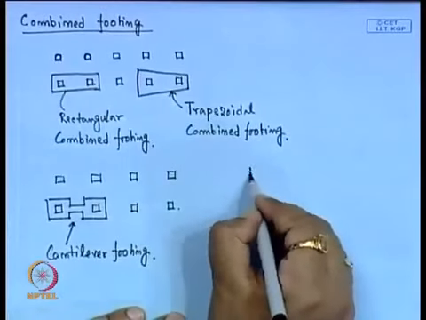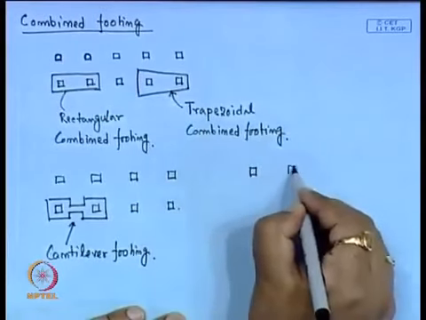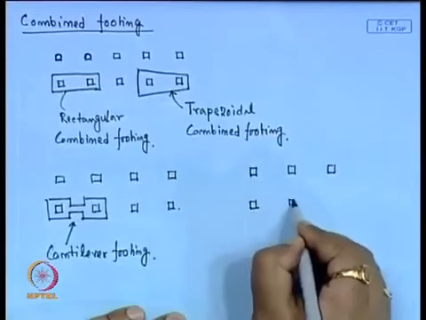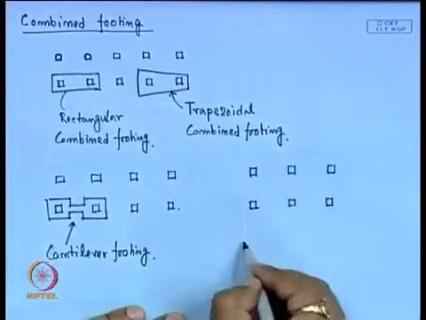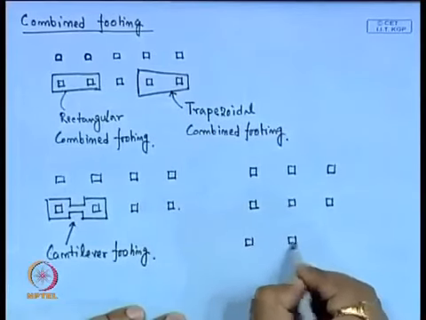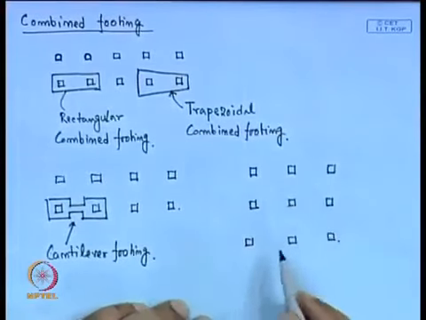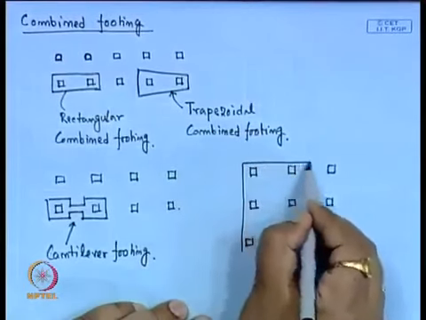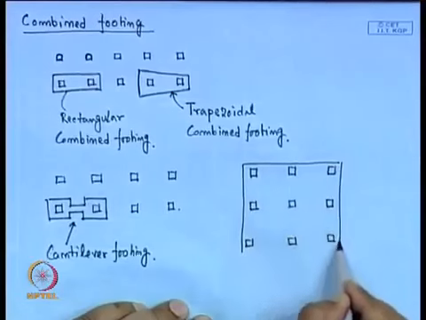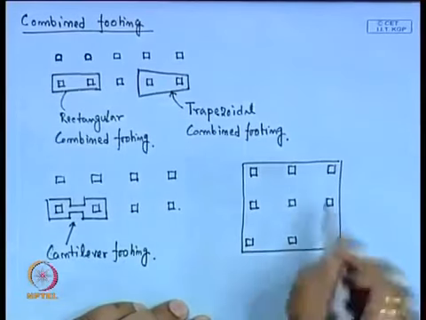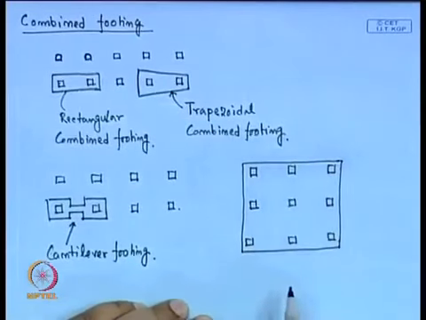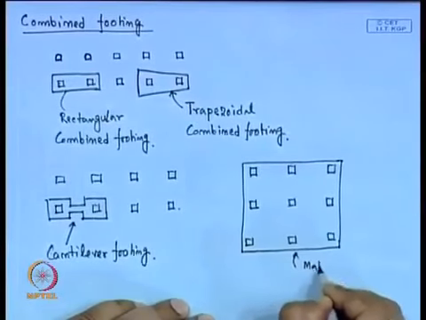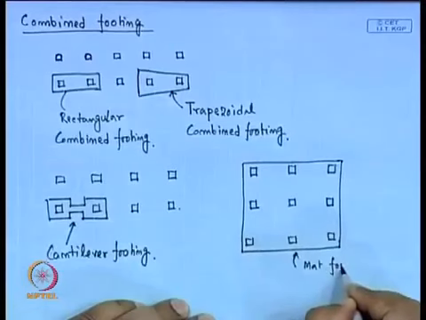Now, if this is the column arrangement of the building, and we combine this entire area of the proposed building by one single footing, then this type of footing is called the mat foundation or raft foundation.